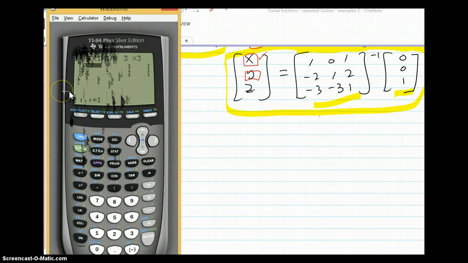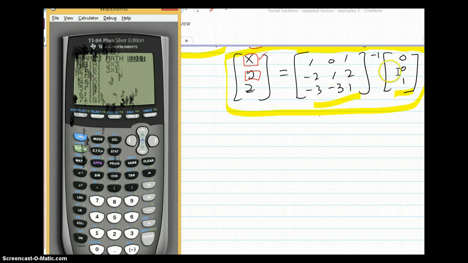Then you're going to go back to second matrix, and you're going to go over to edit, and you're going to edit the B matrix, which is the column matrix on the right hand side of the original system of equations, 0, 0, 1.